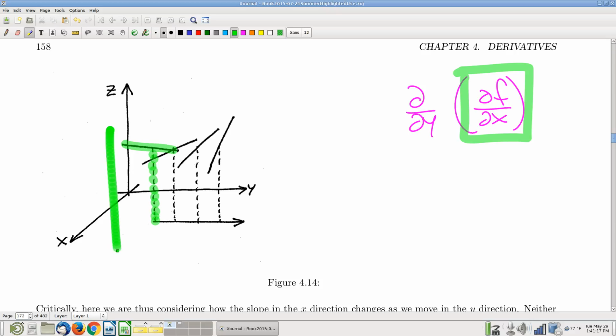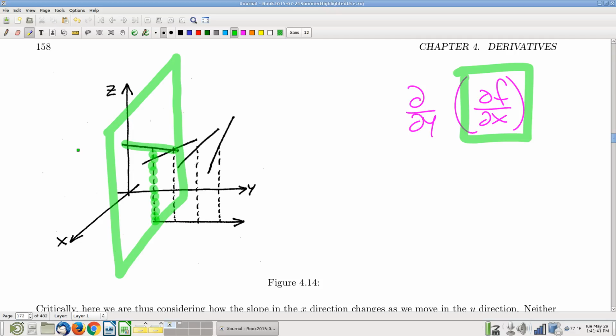Let's see if I can do a decent job. So there's a plane parallel to the x-axis. And notice I didn't draw the surface here because it makes the picture harder to interpret. But imagine at that point, you look in this green cross-section plane, maybe this is the tangent line, and we can talk about what the slope of that tangent line is.